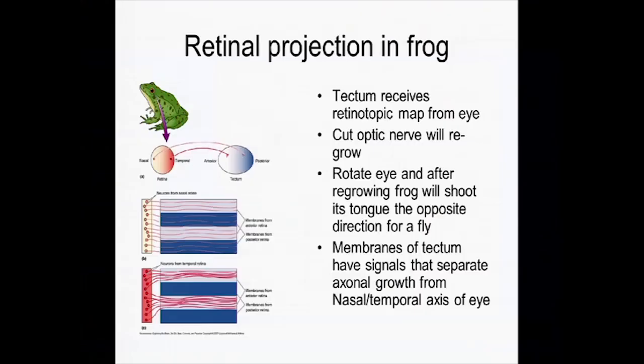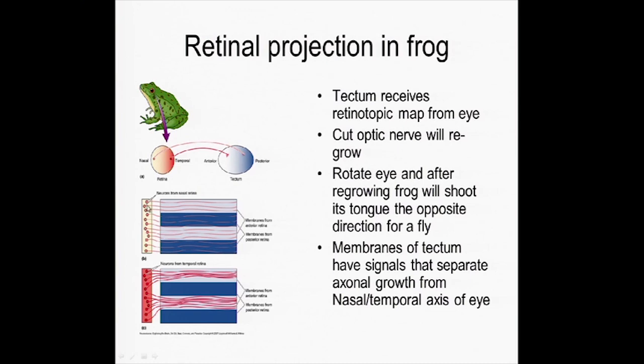This is a fascinating experiment where they took the eye of the frog. There's a dorsal to ventral projection into the tectum, which is the frog's equivalent of the lateral geniculate nucleus of the thalamus. And so the nasal-temporal axis of the retina projects to the anterior-posterior axis of the tectum. And so over development, you get these nice projections.